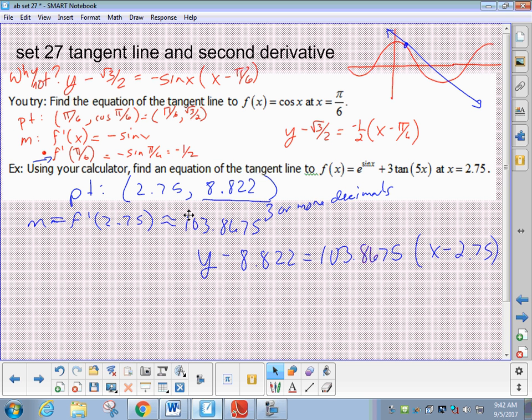Questions? Yes? When I did the slope at 2.75, I got almost 103.842. What kind of calculator do you work with? Yeah, that's a little more accurate, the Inspire. I think they go to within 100,000. The calculators find slope between 2 points.